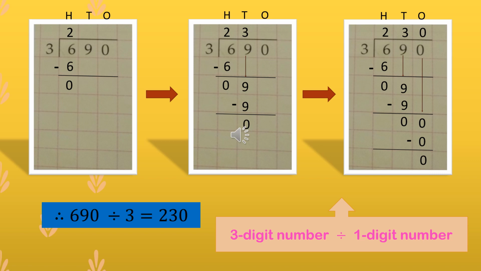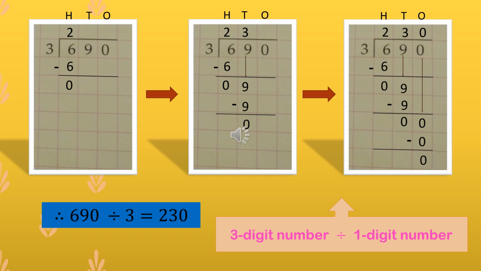Yes. Now let's move to the third step. Now in this third step, we will bring down the number which is at the ones place, that is 0. So we will bring down 0. Now 0 divided by 3. Now children, do you remember the property of division?